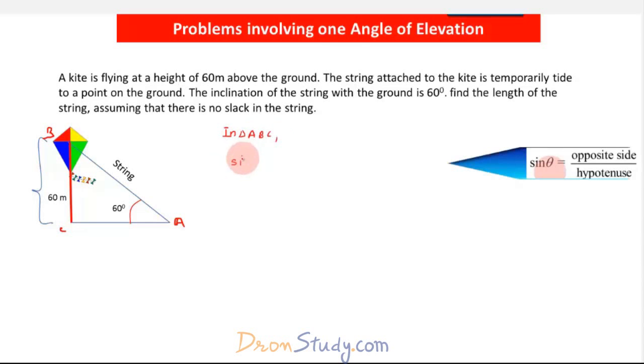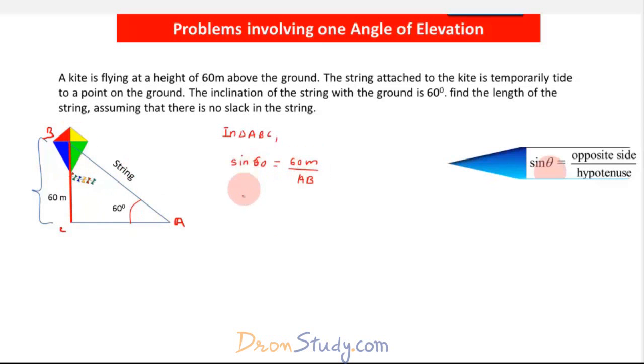So sin 60 will be equal to opposite side upon hypotenuse. Here the opposite side is 60 meter and the hypotenuse, that is the length of the string, is AB.